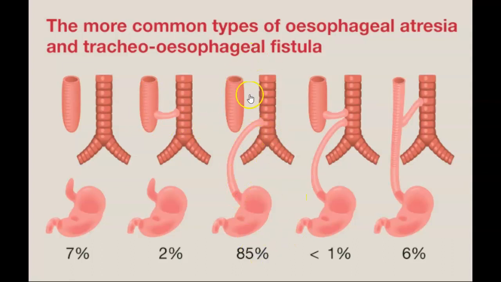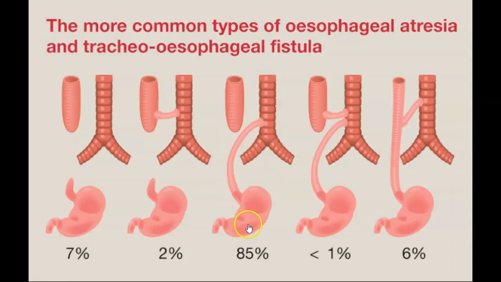This is the most common type, where the esophageal bubble here doesn't connect at all to the trachea or the stomach, but the trachea is connected directly to the stomach. In this type of TE fistula, the other complication is that air is going to enter the stomach from the trachea.